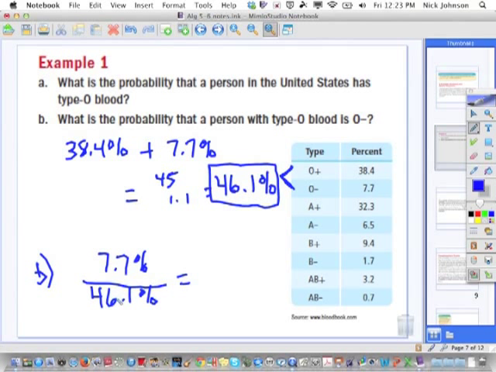On your calculator, take 0.077 divided by 0.461, and that's going to give you approximately 16.7%.